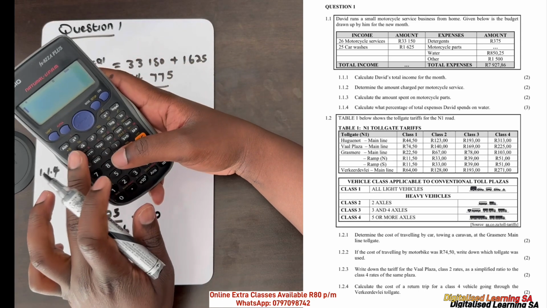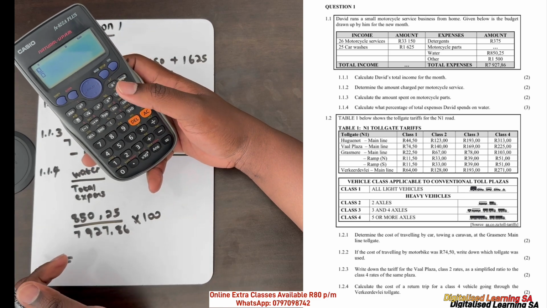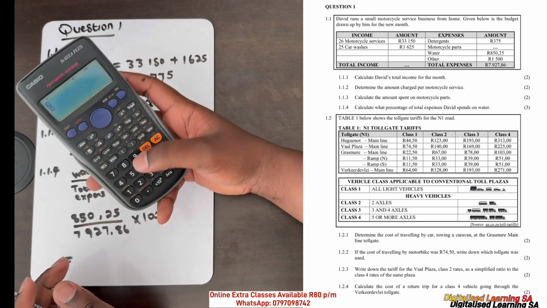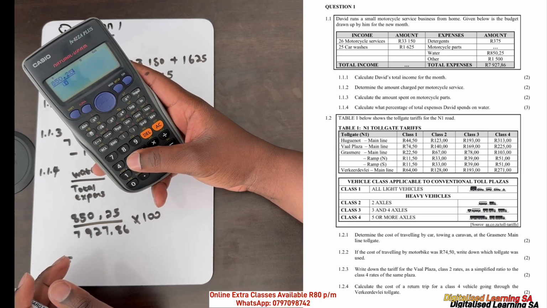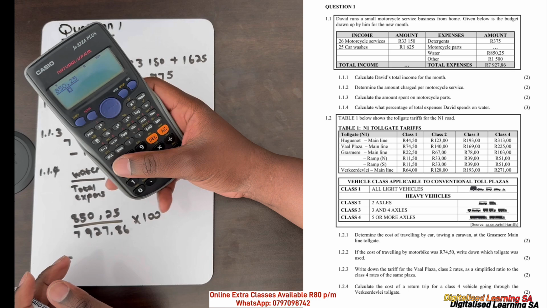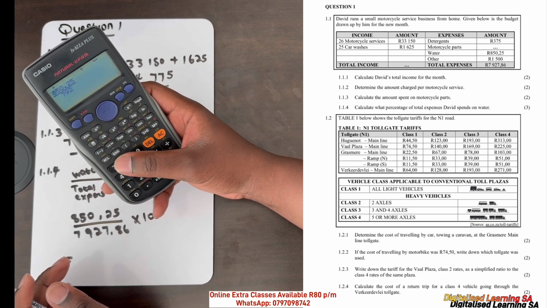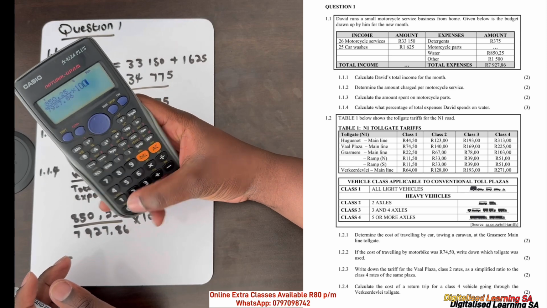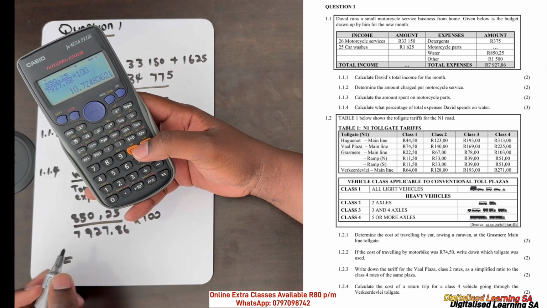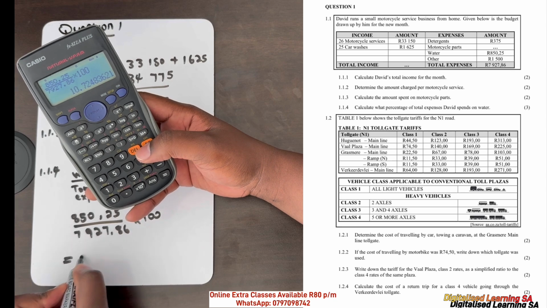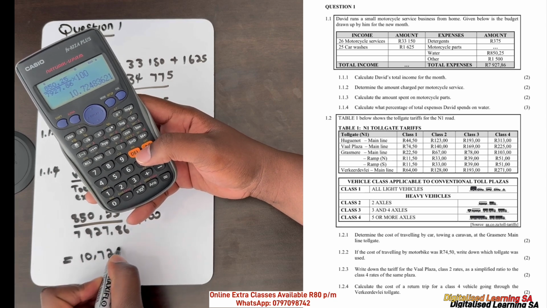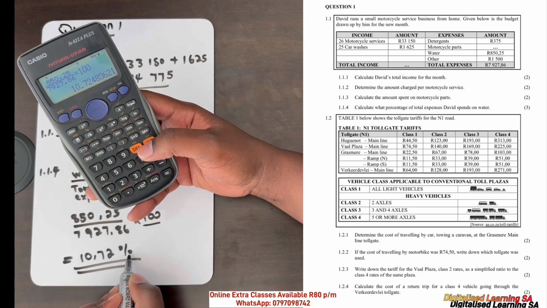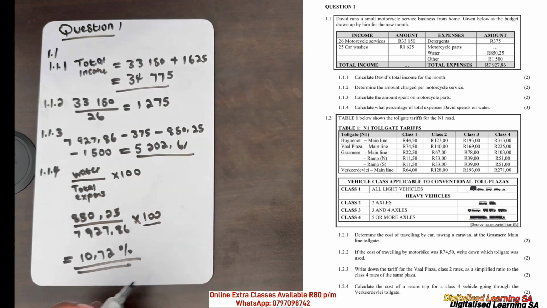So now we just need to plug this into our calculator to get our percentage. Okay, so we'll say 850.25 divided by 7,927.86 multiplied by 100. And our answer will be 10.72%. So we multiply by 100 so our answer is in percentage form.